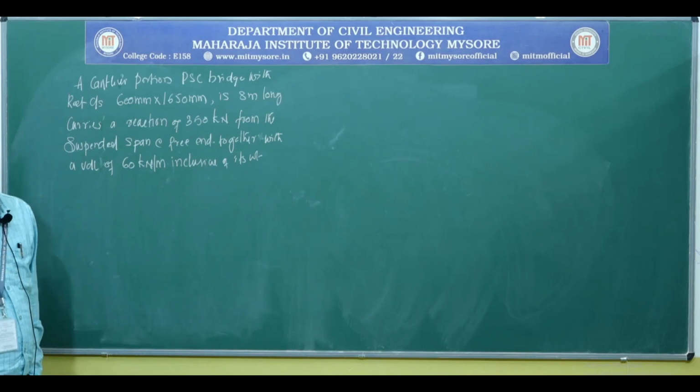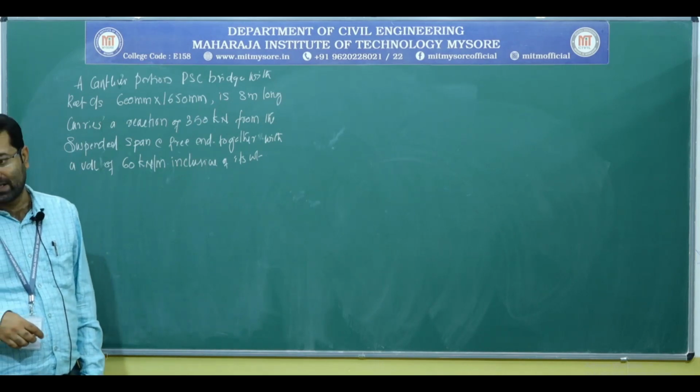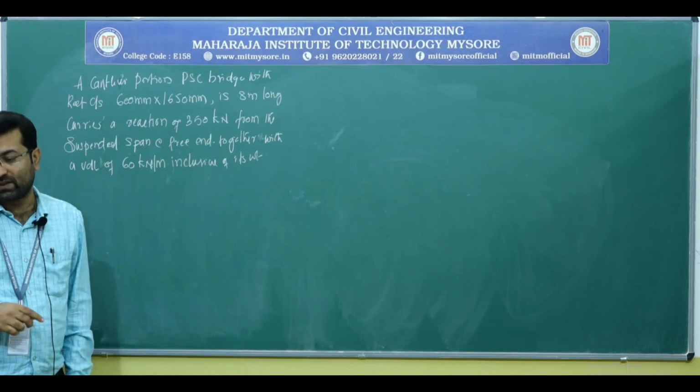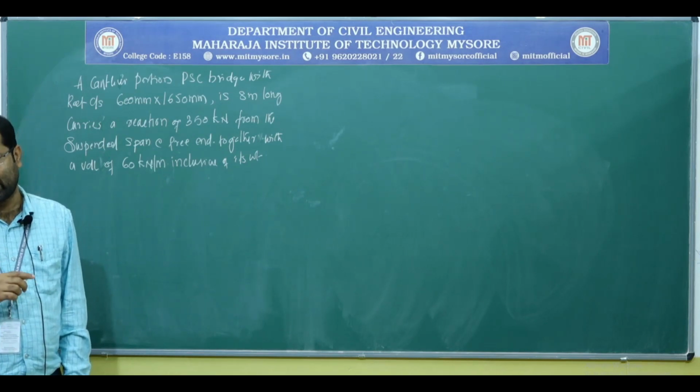Okay. So the cantilever beam carries two loads. One is a concentrated load at the free end, and another one is the UDL of 60 kilonewton per meter over the entire span.